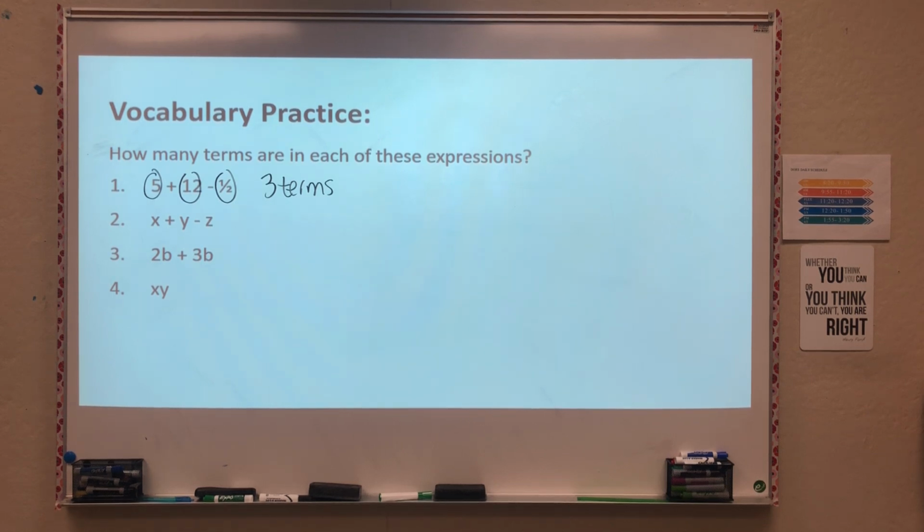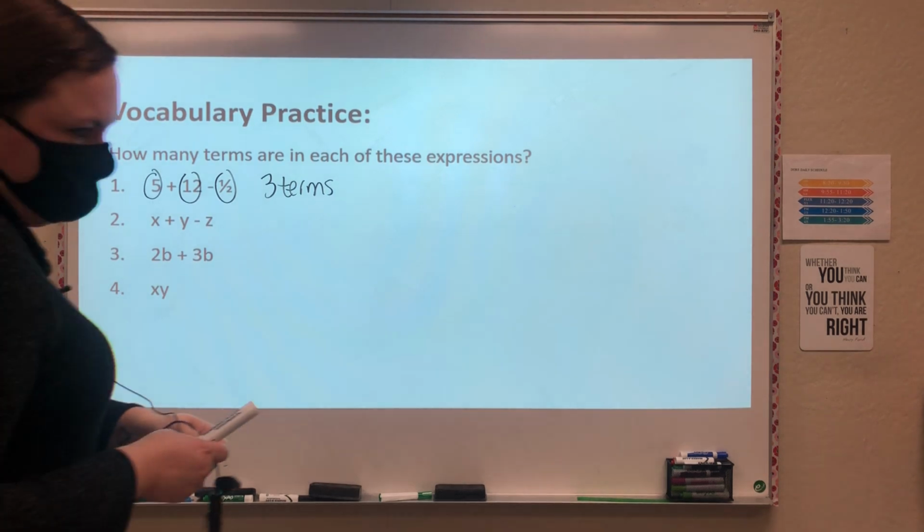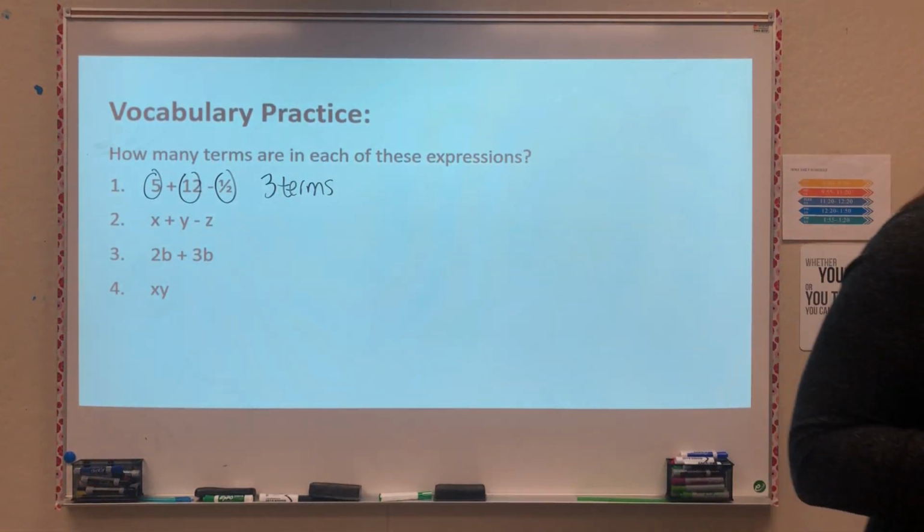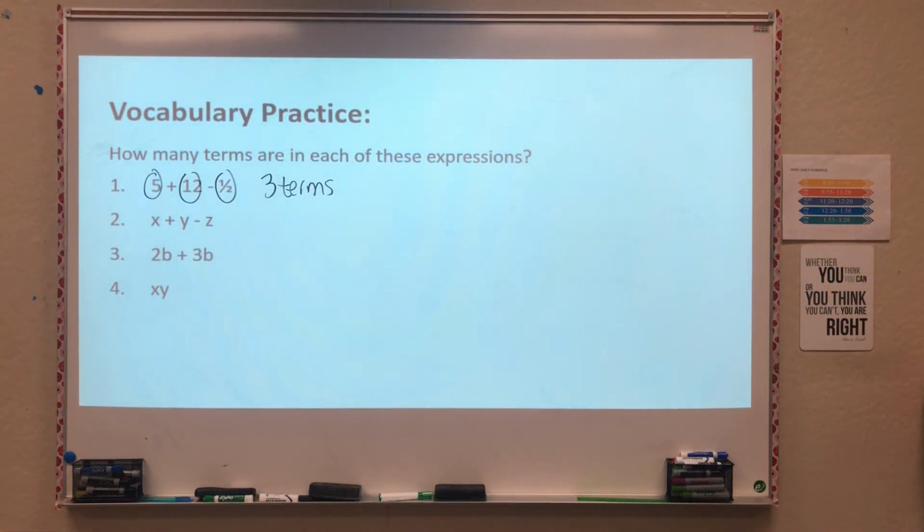Yep. So you're just going to tell me how many terms there are in those other 3. Okay. This question is different, so you're just worrying about 1 through 4 right there.